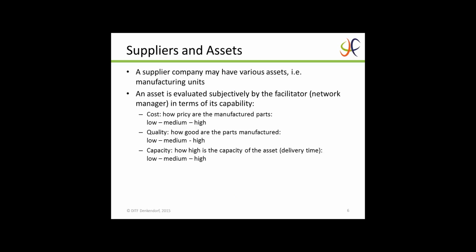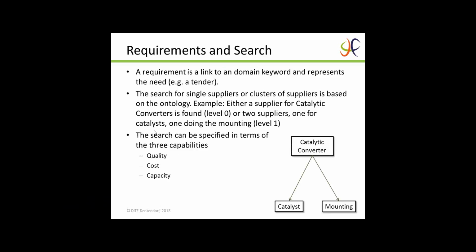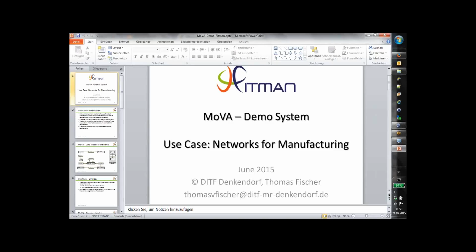The suppliers and assets, as I already mentioned, are evaluated in terms of cost, quality, and capacity, and the requirement is also specified in terms of quality, cost, and capacity, and this means we find the best fitting ones. And that's basically the end of the presentation.